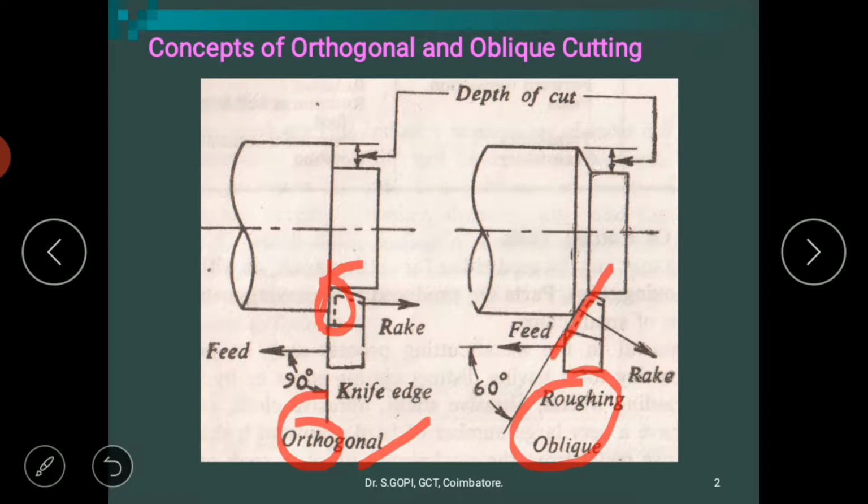Once again, due to the accumulation of heat, the tool life reduces. In oblique cutting, the heat is spread out over the larger area, so the tool life may increase compared to orthogonal cutting.